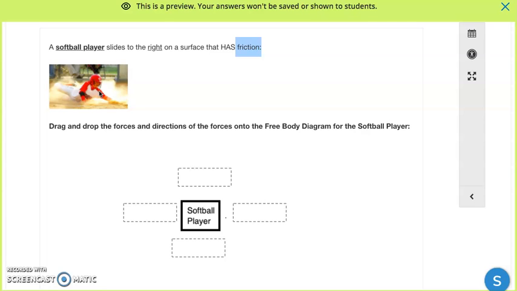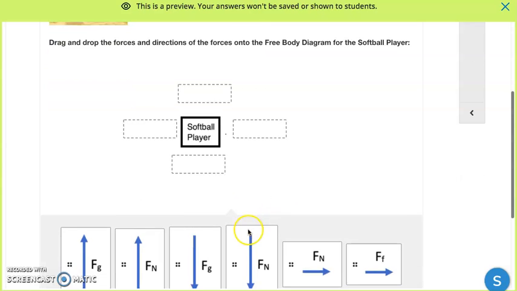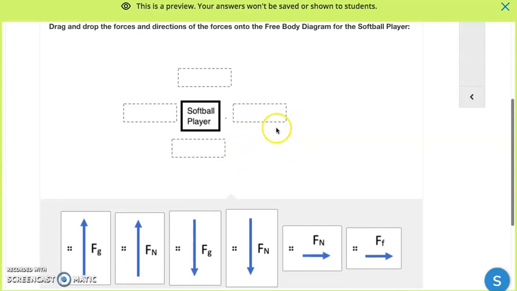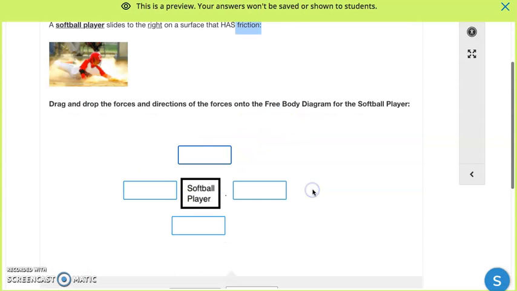Does my finger keep pushing against it the whole time that it's sliding? So it's something really to think about. Does there need to be a force pushing the person forward for them to be sliding? If there is a force, think about what object is pushing the person forward so they keep sliding. And if there isn't a force that keeps the softball player sliding, we actually have a no force here box.